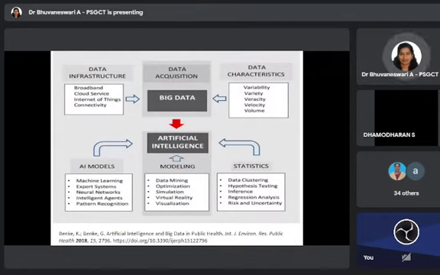So how do you generate it? For generating the outputs, data clustering, hypothesis testing, inferences, regression, analysis, risks and uncertainty, all these statistical methods are used for the modeling process. Okay, so this is how AI technology works.